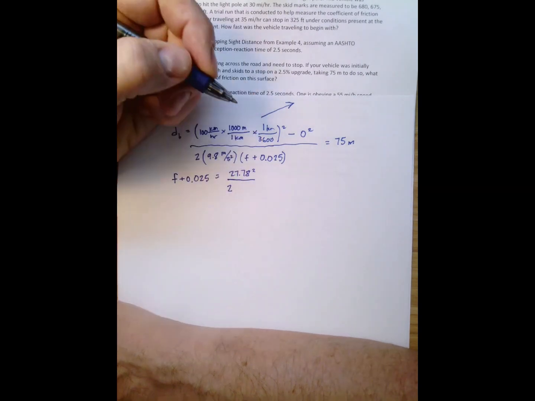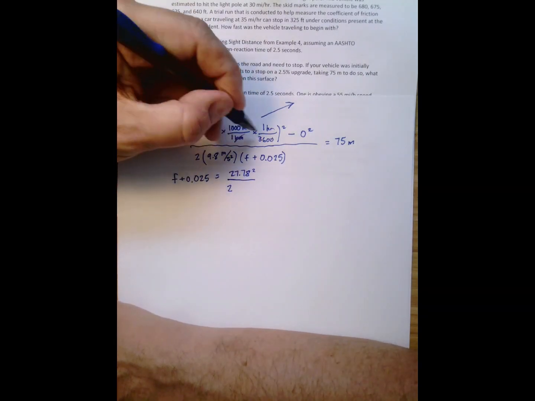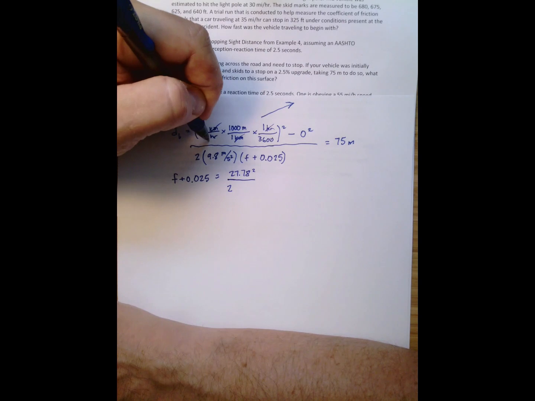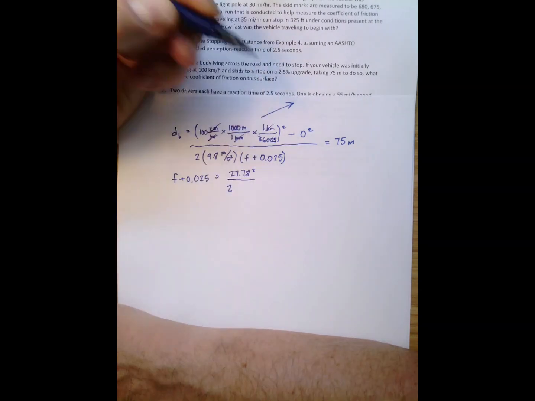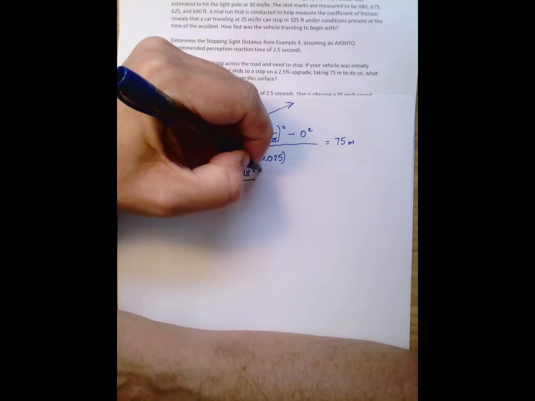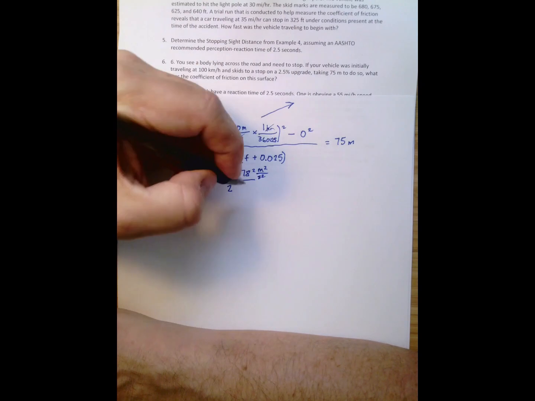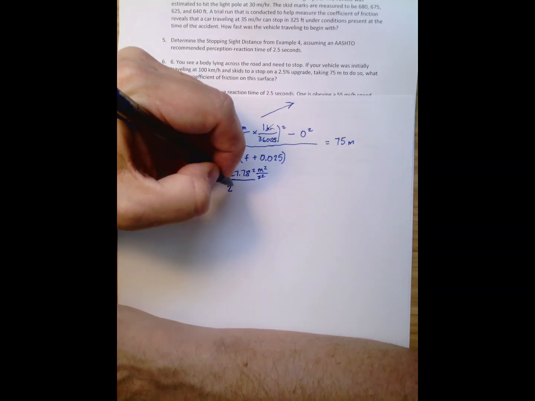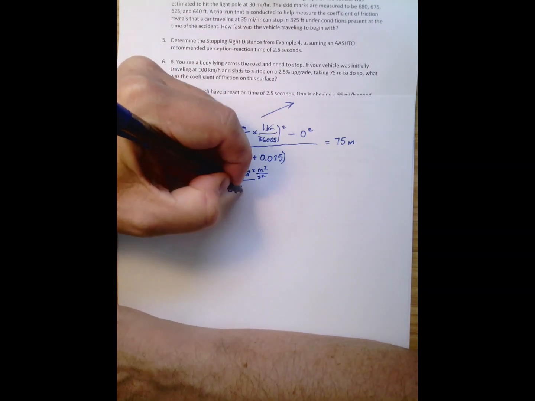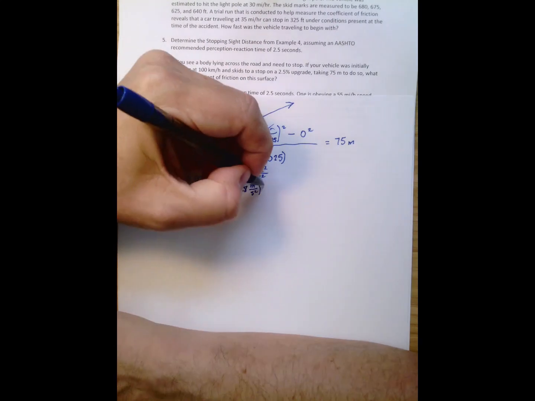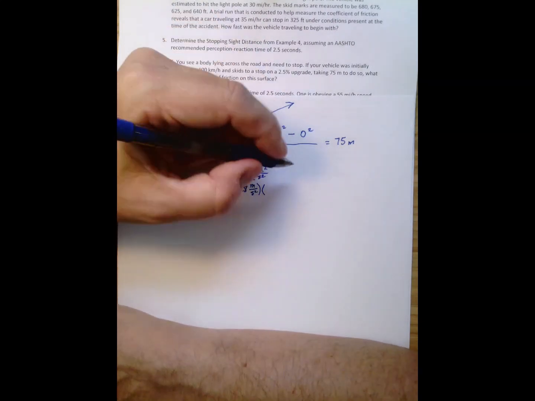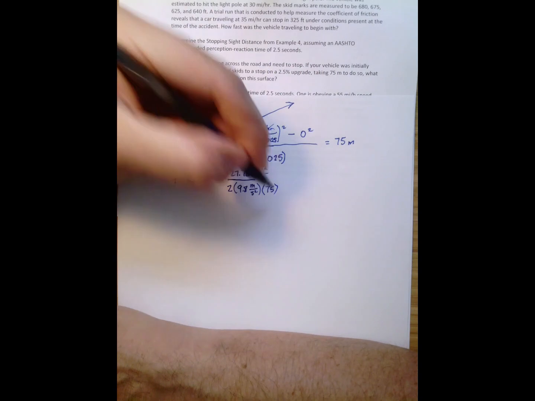So the kilometers cancel out, the hours cancel out. So we have meters squared per second squared. And in the denominator, we have meters per second squared times something unitless.